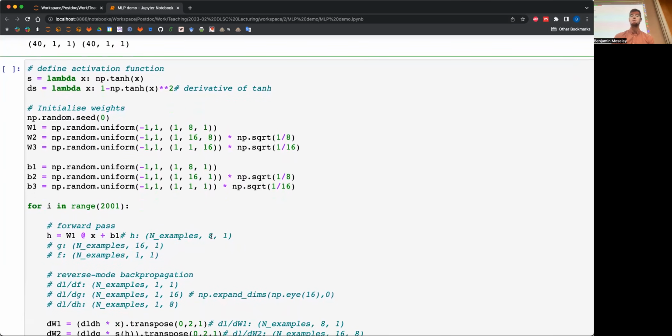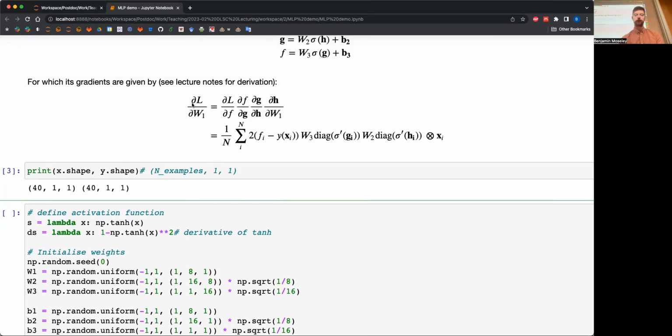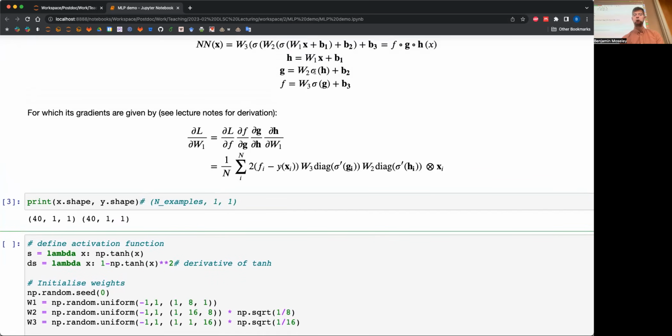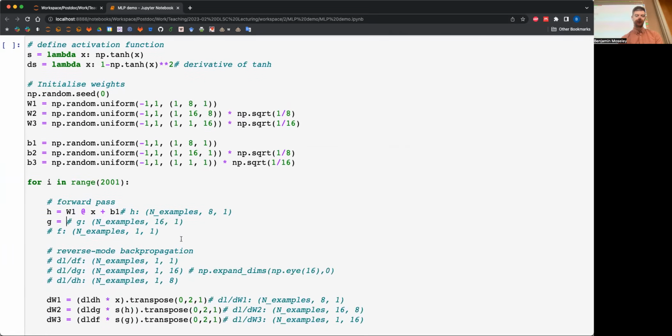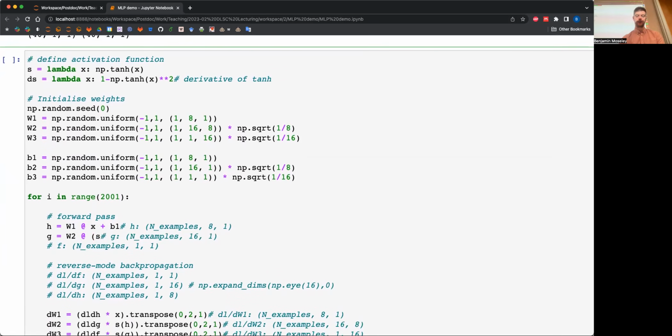So this is 8 hidden units because we're using this W1 here to increase the number of elements in the vector. Okay, then G, we look at our equation for G, it's W2 times the activation of H. So we do W2 times, and our activation function is S here, so we just pass that to S. And then we add B2, which is our bias vector 2.